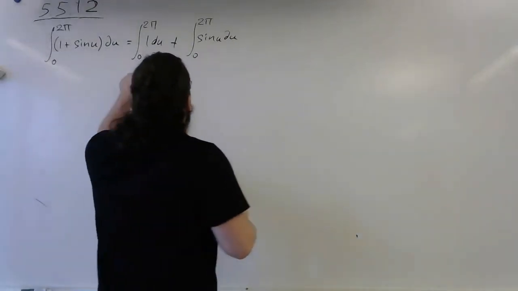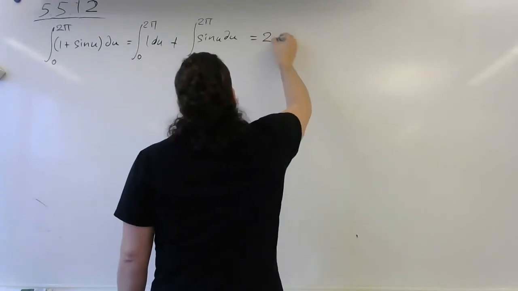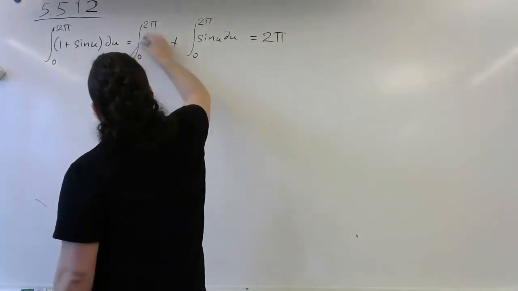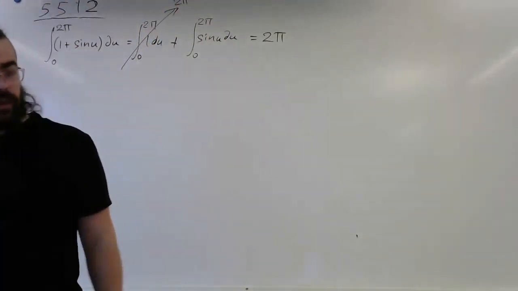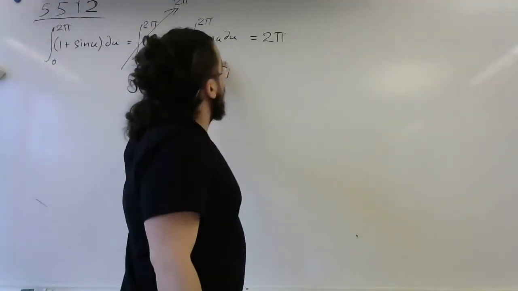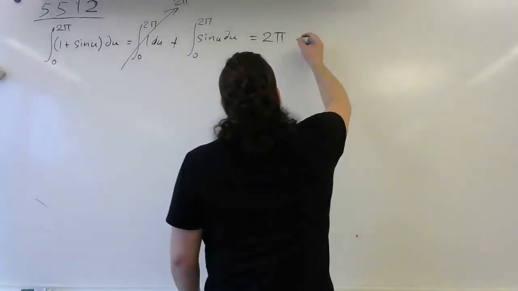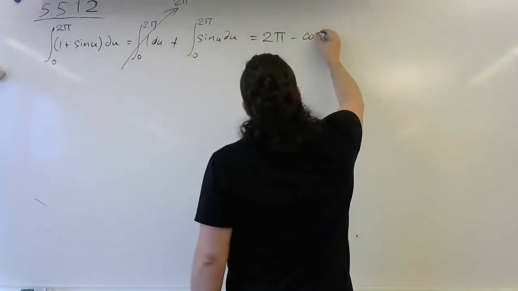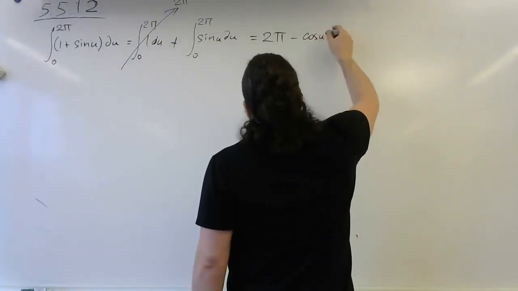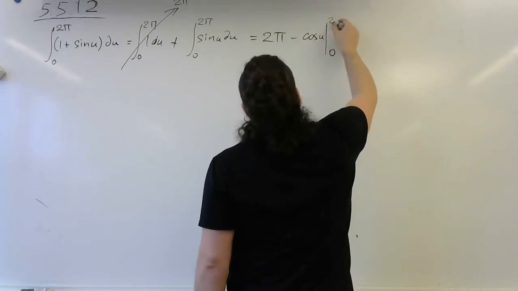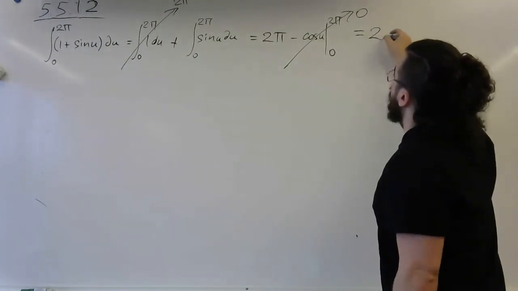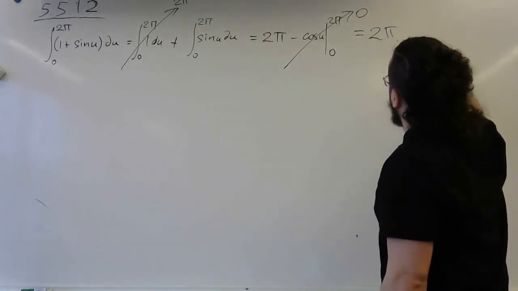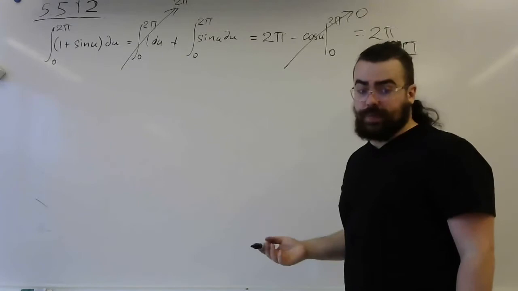Okay. This thing right here is 2 pi. This thing right here is minus cosine of u evaluated between 0 and 2 pi. Not bad in comparison, huh?